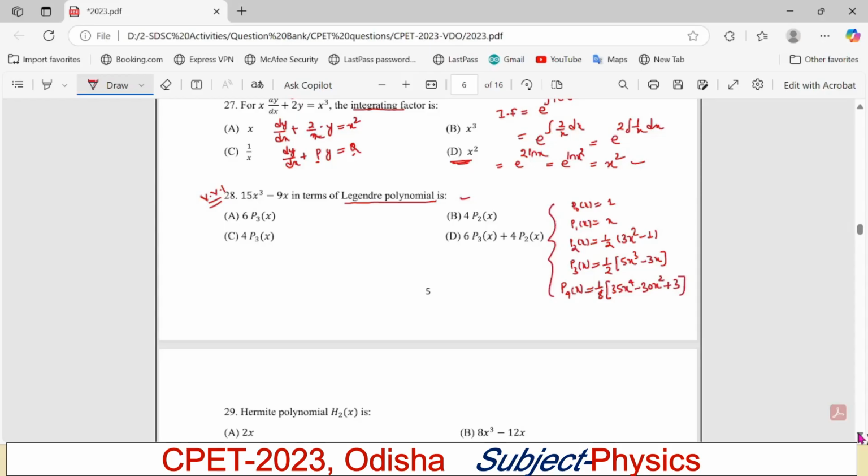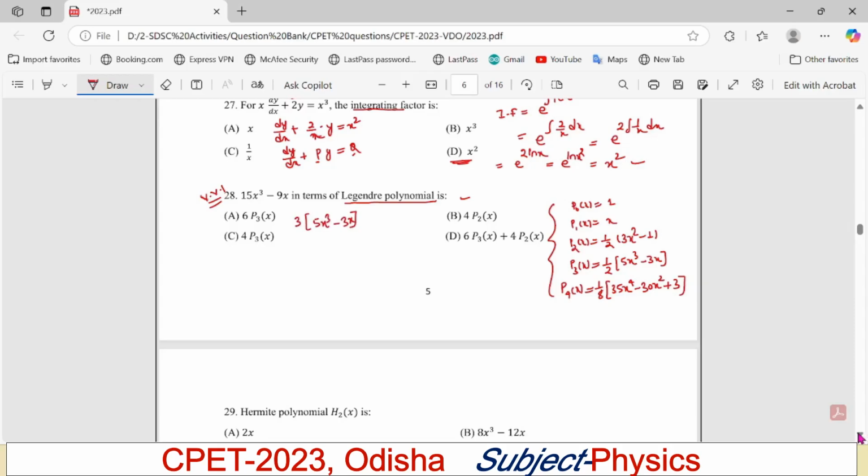So here it is asked which option is correct. So what is the question given? This one. Take the common 3, so it will be 5x cube minus 3x.